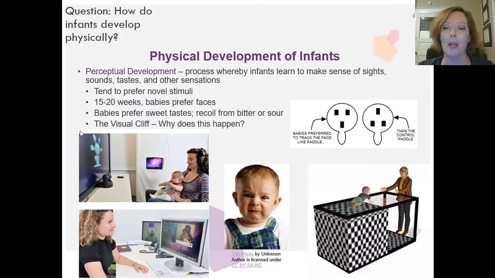This is where a baby at a certain developmental age will not crawl over what appears to be a cliff, even if the caregiver that they're most used to is on the other side trying to convince them that it's okay and to crawl over it. Now, early in the development, as the baby is first learning how to crawl, they will crawl over that visual cliff because they don't have the experience yet to foresee a drop-off or what they perceive could be a potential threat of a drop-off. This change in behavior is very indicative that there is a developmental maturation in play.